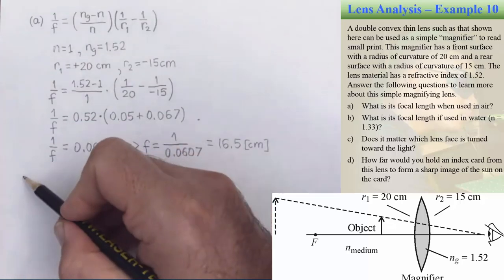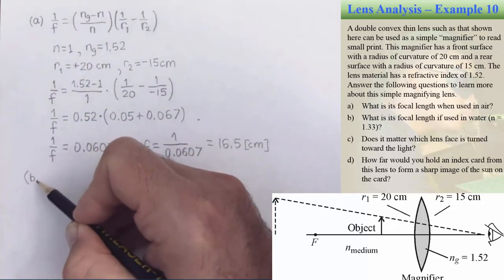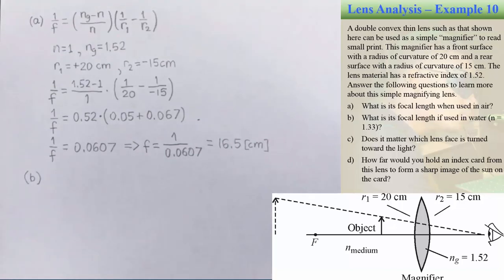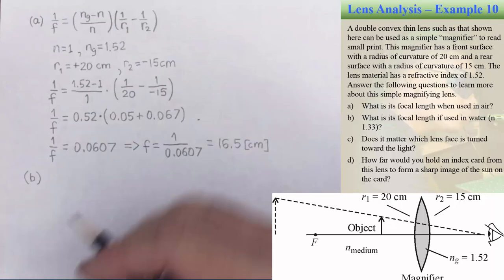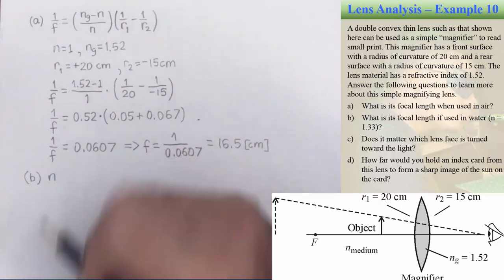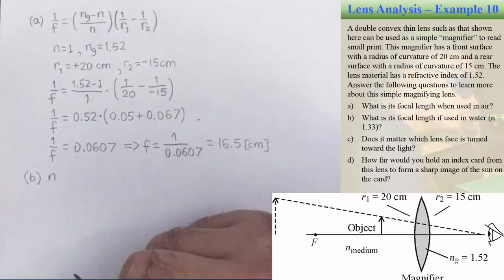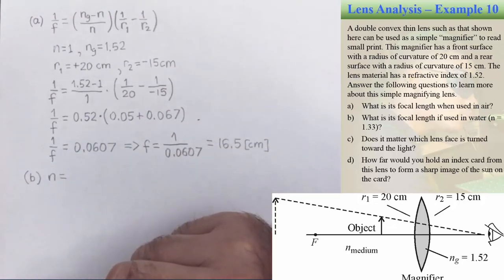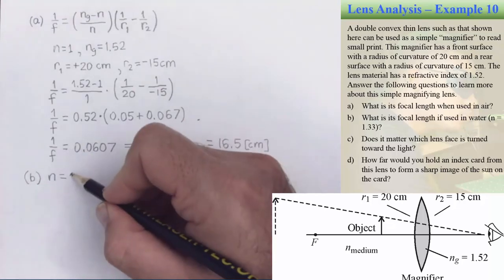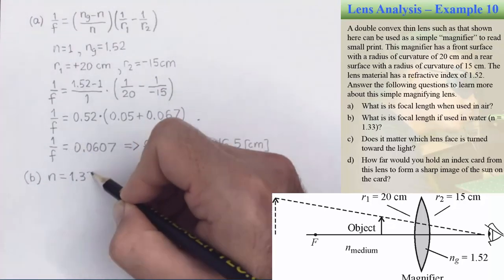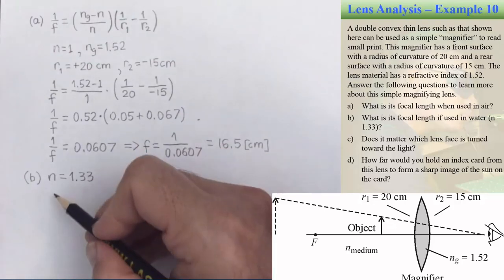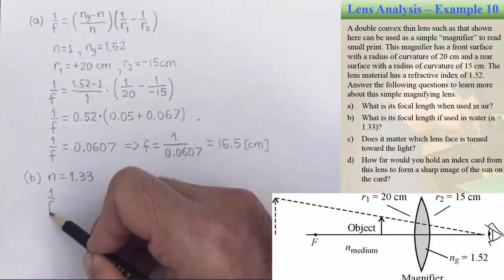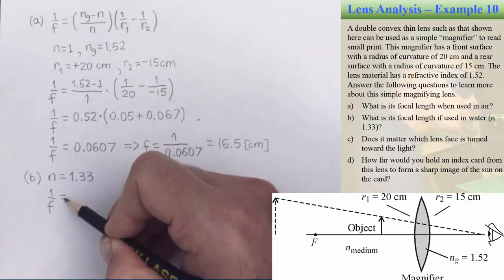As for part B, when the lens is placed into water, the calculation is very similar, with the only difference that the index of refraction of the medium is going to be that of water, and we know that the index of refraction of water is equal to 1.33. So our Lensmaker formula is going to take a slightly different shape.